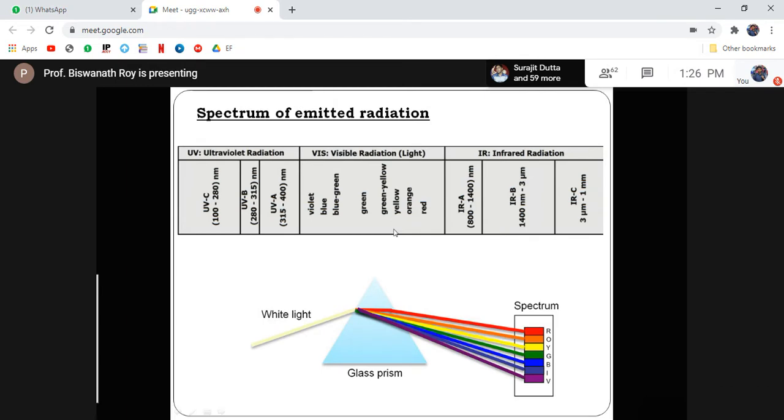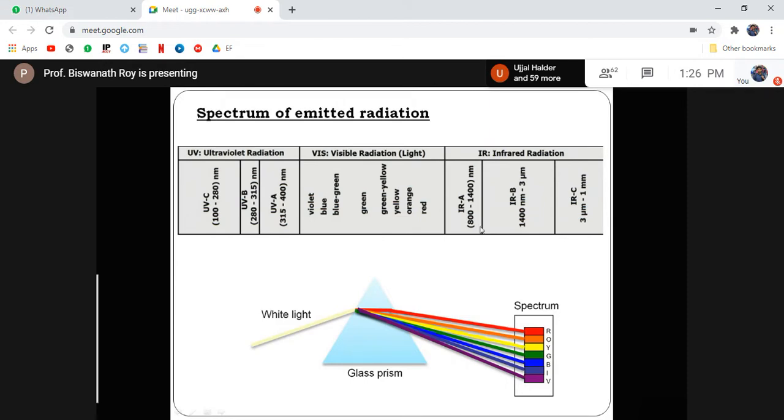The ultraviolet radiation, visible radiation, and infrared radiation, the entire span actually constitutes the optical radiation. And when you feed power to any lamp, we get electromagnetic radiation within this range: ultraviolet, visible, and infrared.